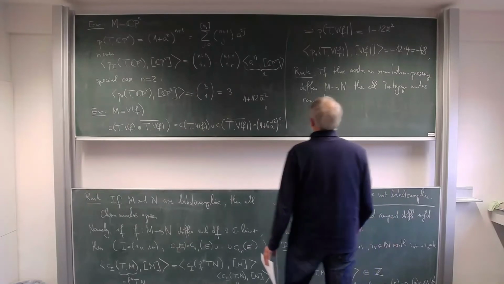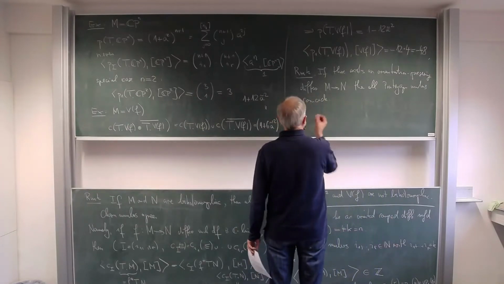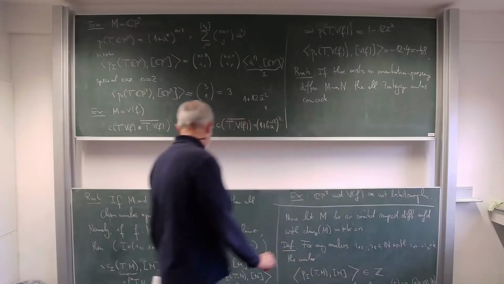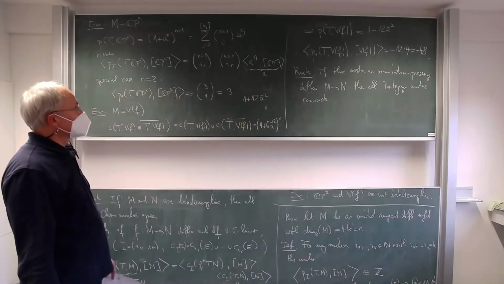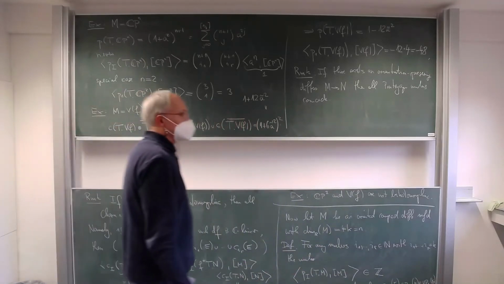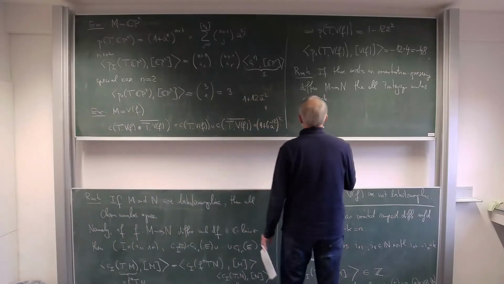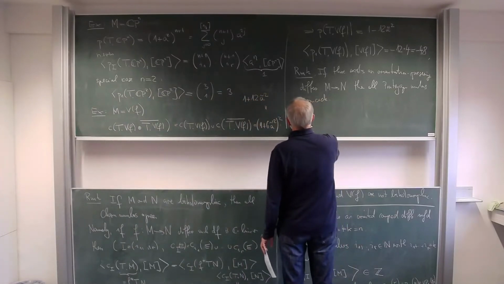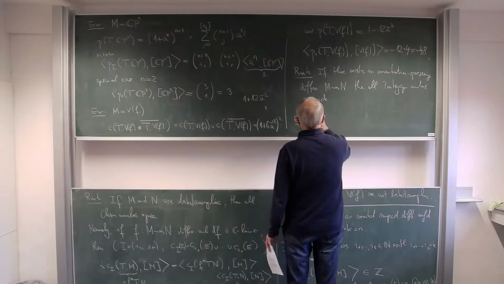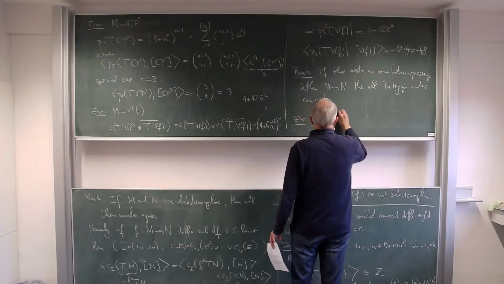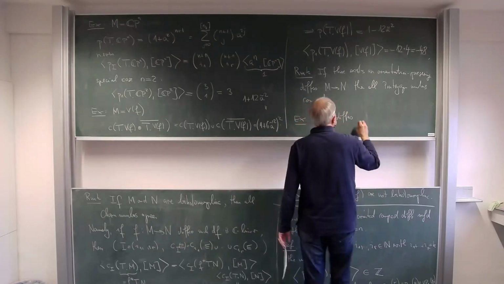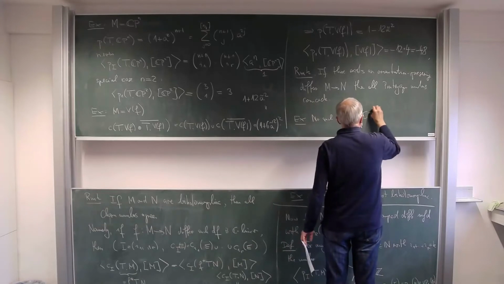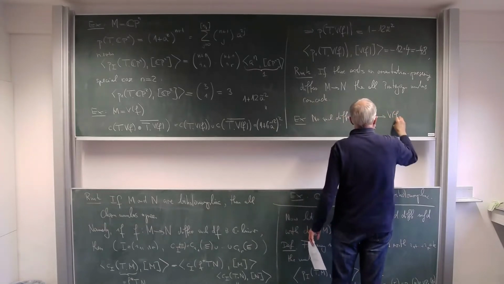So in particular, there is no such orientation preserving diffeomorphism between CP2 and the K3 surface. For example, no such diffeomorphism from CP2 to the Fermat surface.